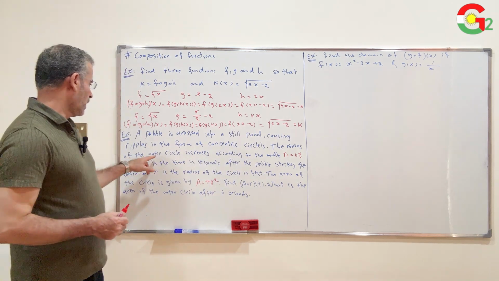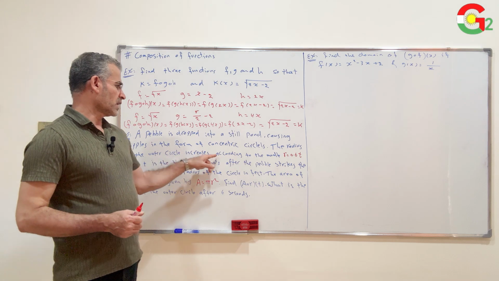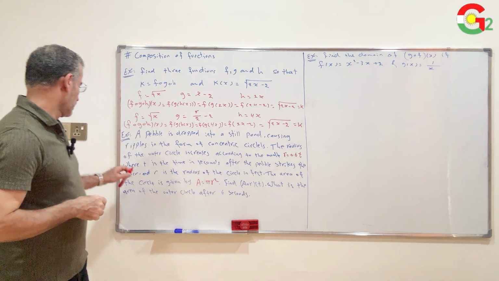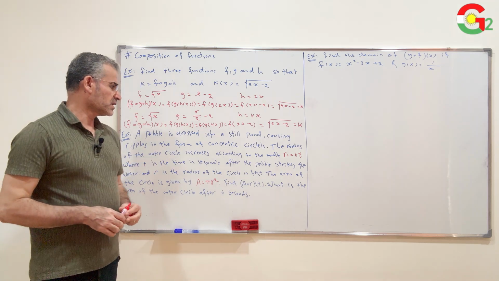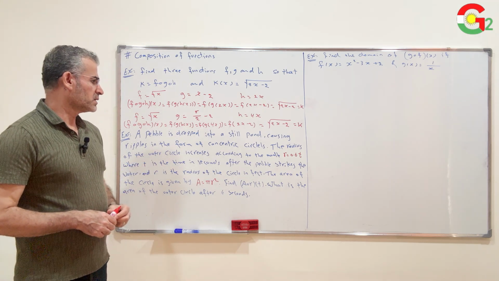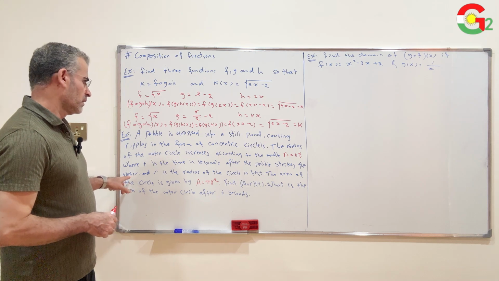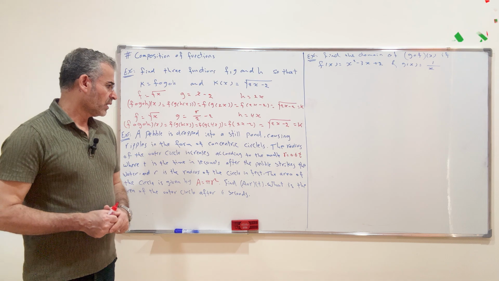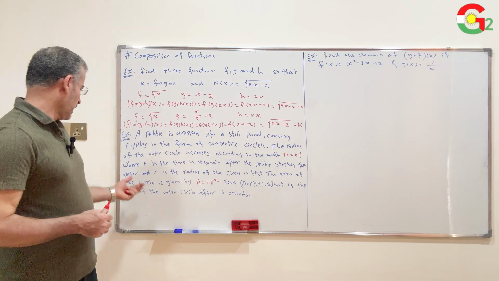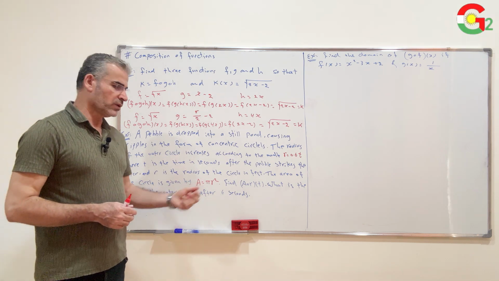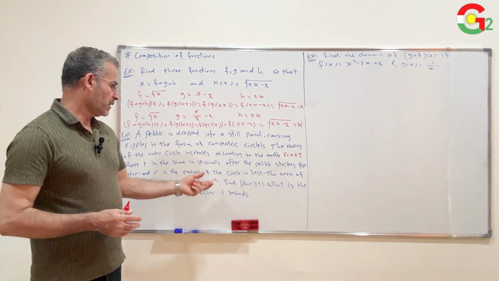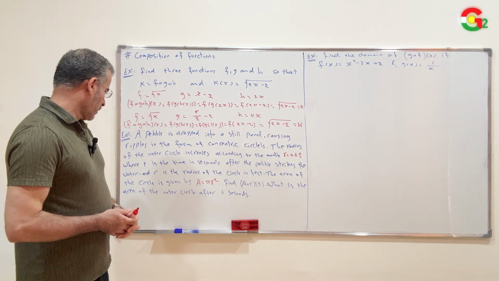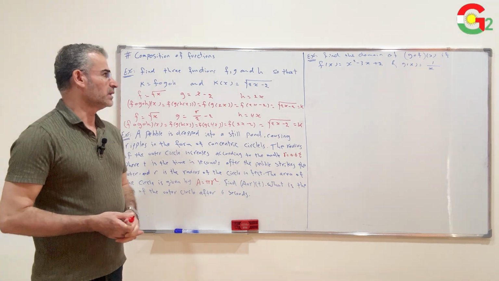The radius of the outer circle increases according to the model r equals 0.6t, where t is the time in seconds after the pebble strikes the water, and r is the radius of the circle in feet. The area of the circle is given by A equals pi r squared. Find (A of r) of t. What is the area of the outer circle after 6 seconds?